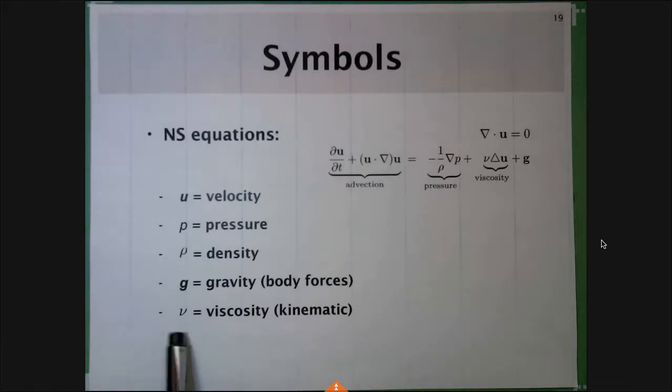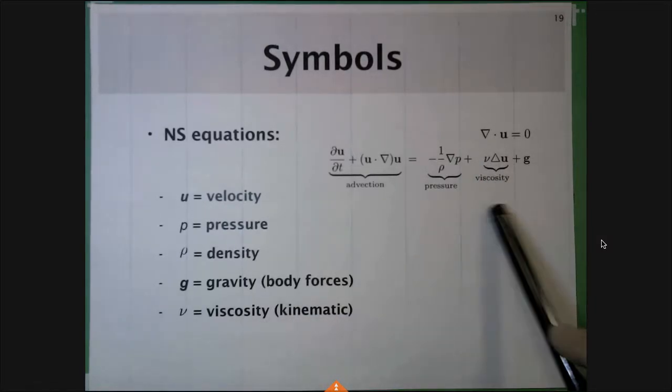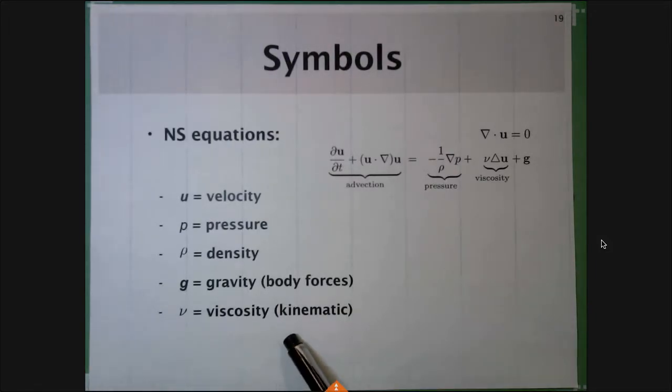Anyway, it's the viscosity, kinematic viscosity, which basically tells us something like the damping coefficient we had before. It will be high for thick viscous fluids like molasses or honey, and low for water or even air.